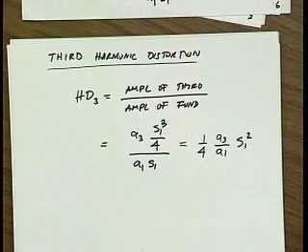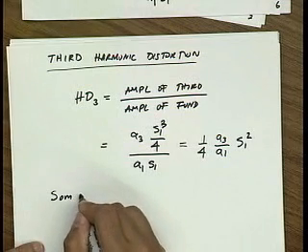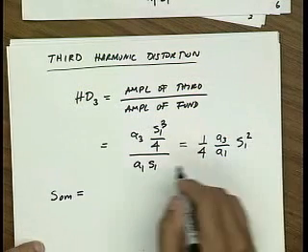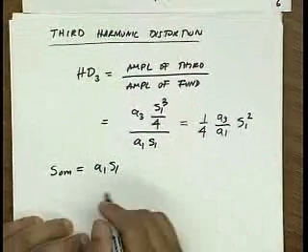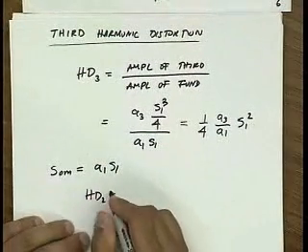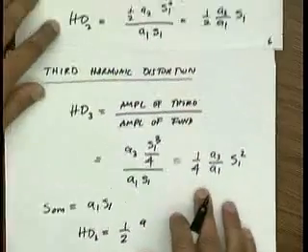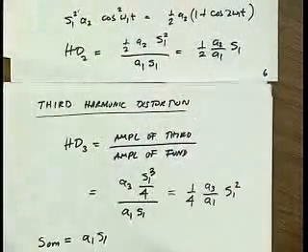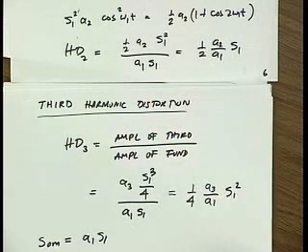All right. Now I can also rewrite these in terms of the output. S1 is the input. The output is A1 times S1. So I can write HD2 also in terms of the output signal. In that case, I have A2 over A1, and I can just substitute S_out over A1.